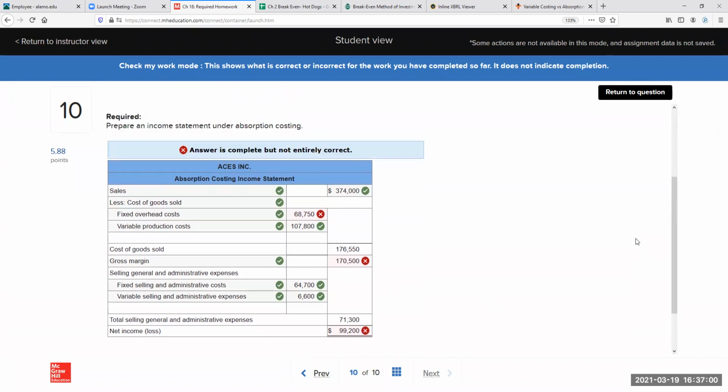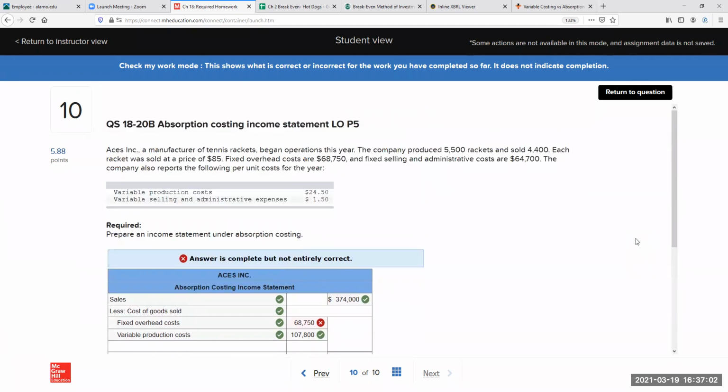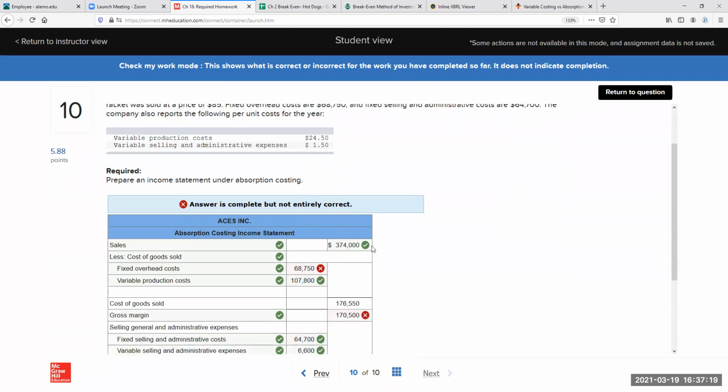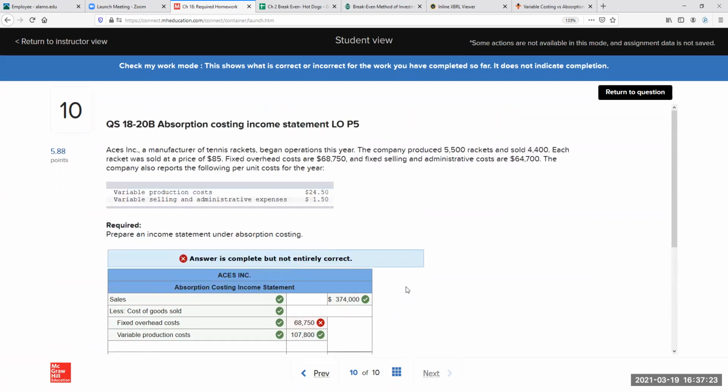All right, so now fixed overhead is 68,750. I don't know what I'm doing wrong there. The fixed selling, no, we don't want that. Variable production, we got that. And the variable selling, we got all that.